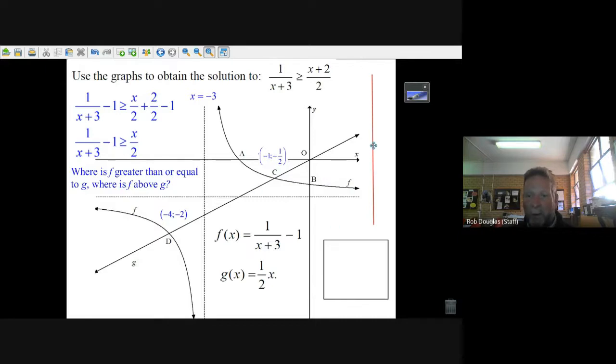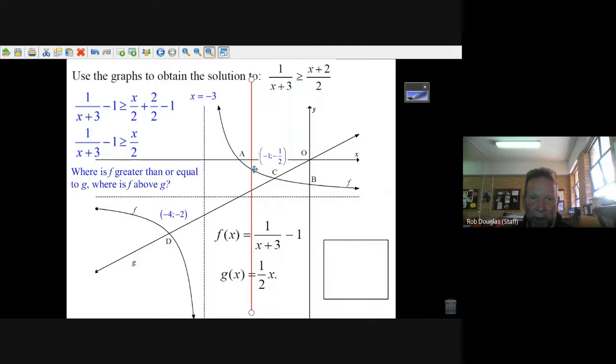The way I solve these questions is I bring out a trusty vertical line like this, and I pass it through. And I'm looking here, f is the hyperbola. Right there, f is below g. I want f to be above g. And when I get to here, f equals g, right at c. But if I move a little bit, now f is above g.